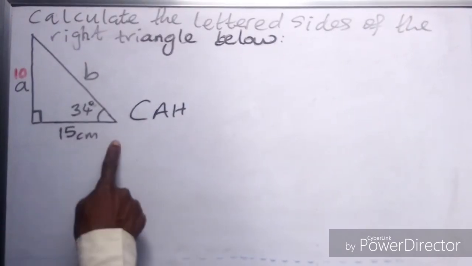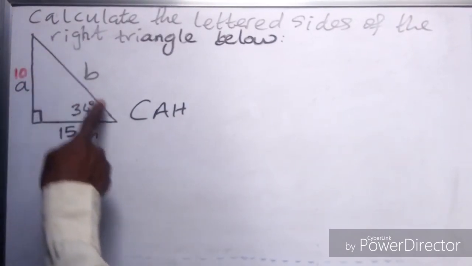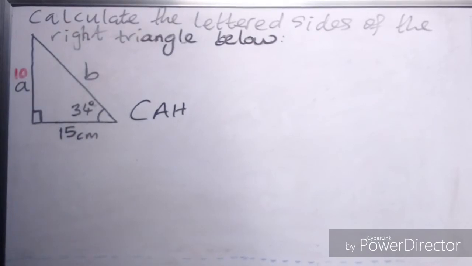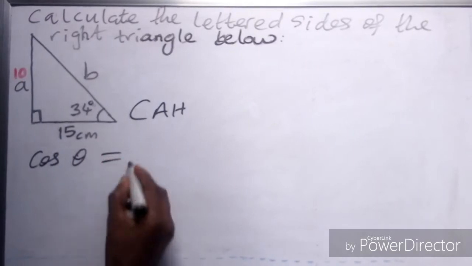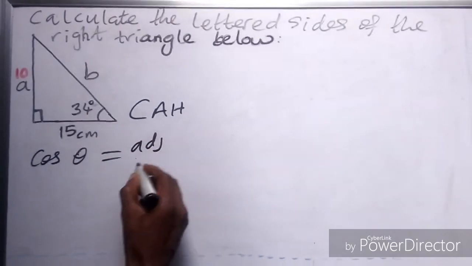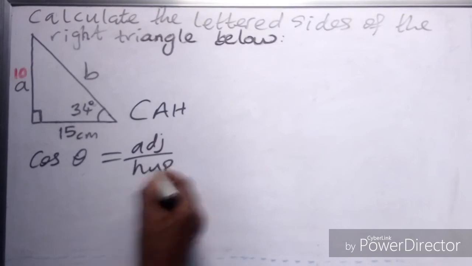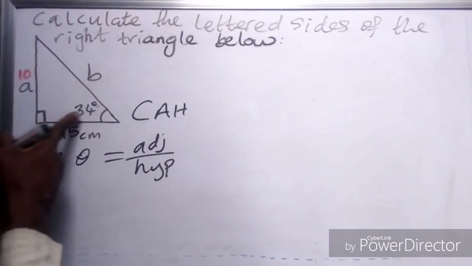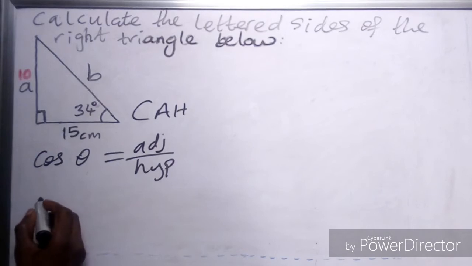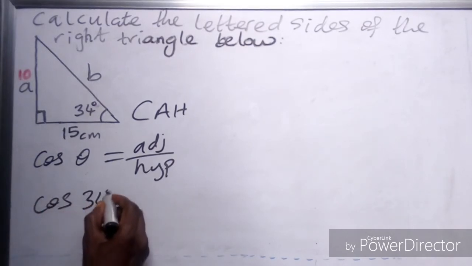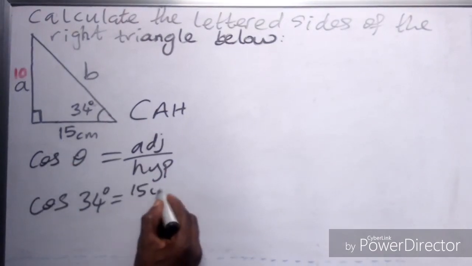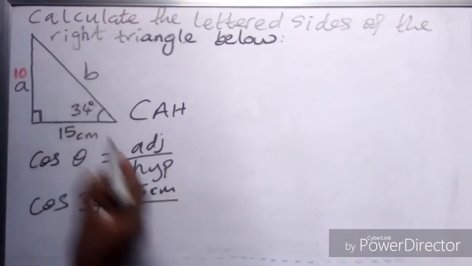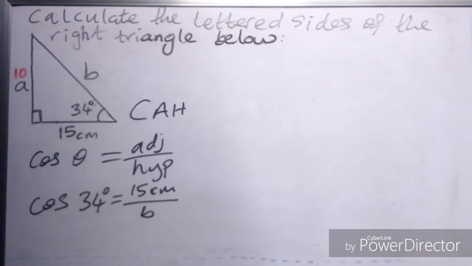We have the adjacent here as 15 cm, and the hypotenuse as B. So cos theta is equal to adjacent over hypotenuse, where cos theta here is cos 34 degrees. So we write cos 34 degrees is equal to 15 centimeters over B. Then at this point we are going to cross multiply.